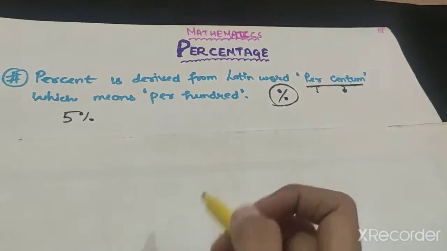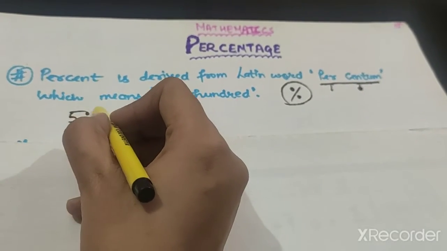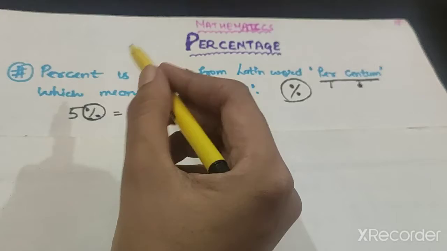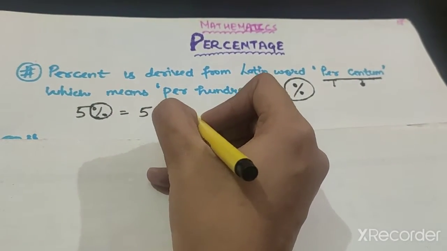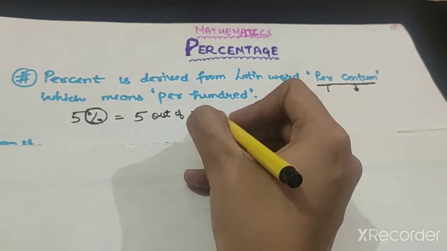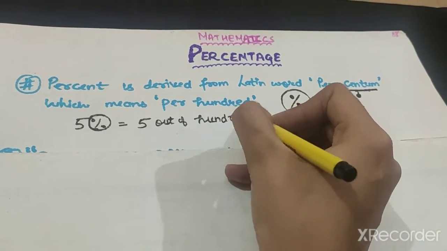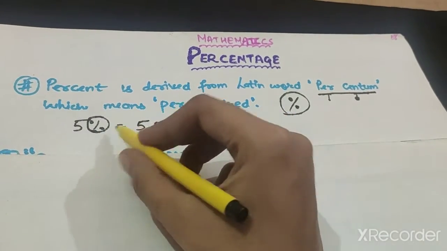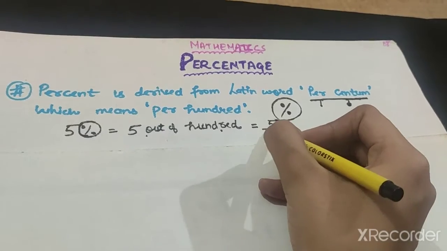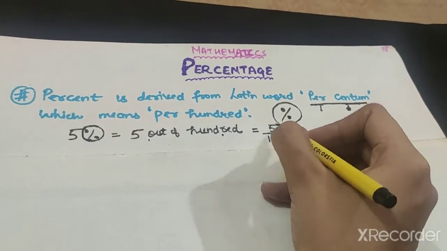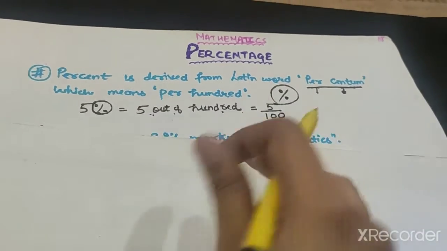Now what does it mean? We will go by the definition. The percentage sign means per 100, that is out of 100. 5% means 5 out of 100, so we can represent it as 5 by 100. Let us look at one more example.